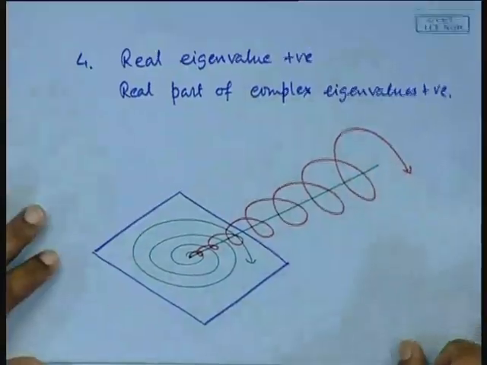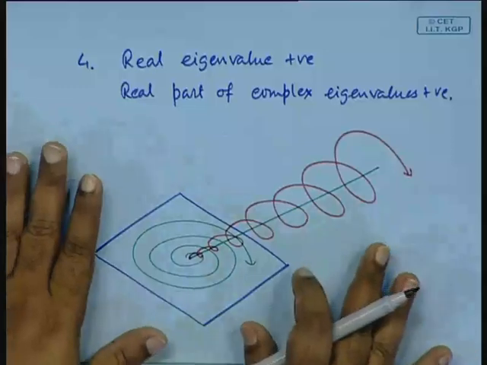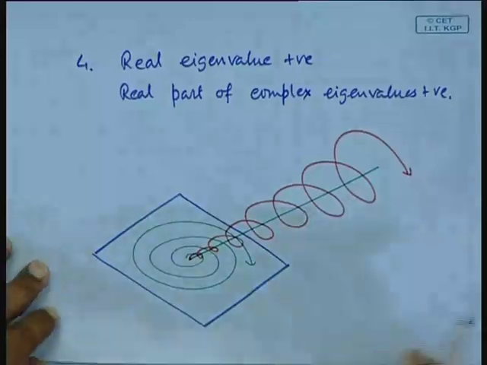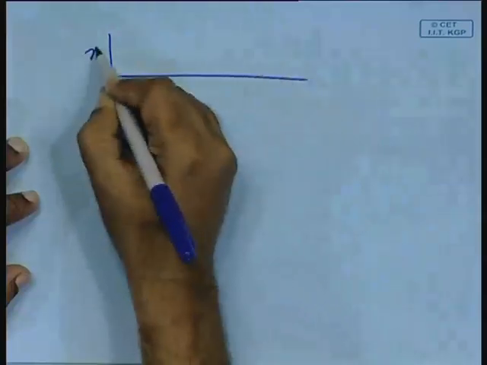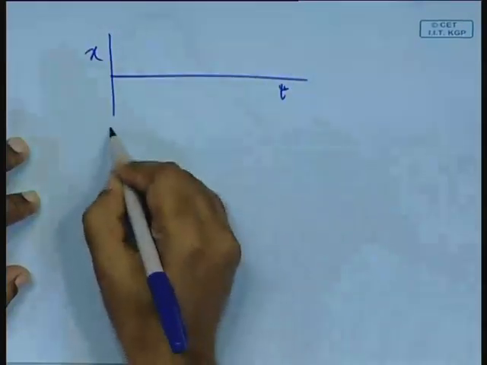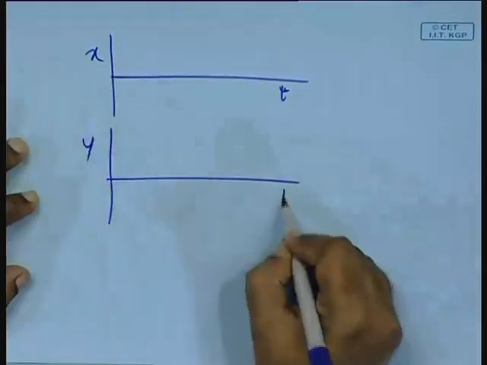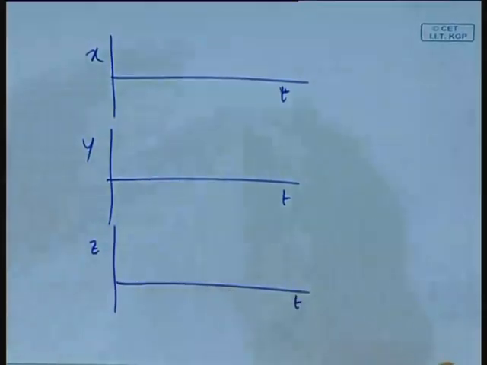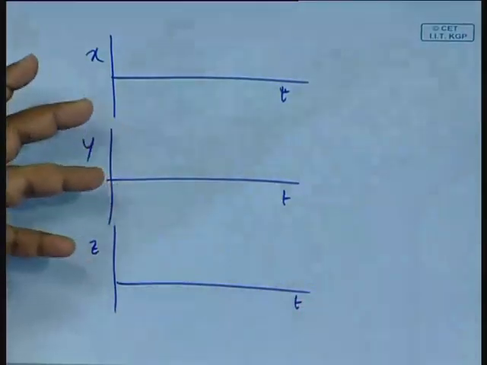Supposing you have something like this, this plot is where you are plotting it in the state space, where x, y, z are the coordinates. While if you have the individual plots, say x versus t, y versus t, and z versus t, then what additional information does it give?